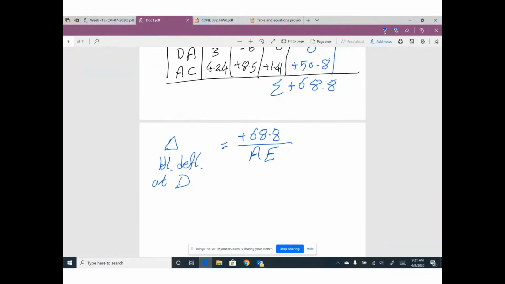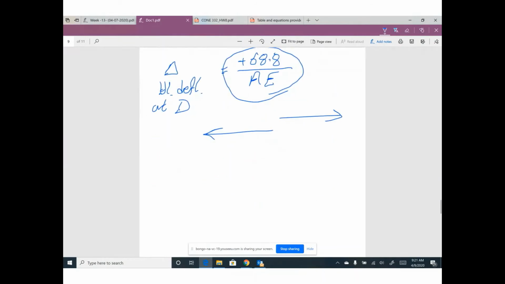Anybody can tell me this deflection is horizontal deflection? Yes. To right or to left? Remember last week, we decided your deflection goes up or goes down based on the sign. Is it positive or negative?